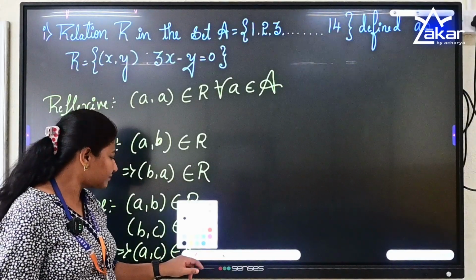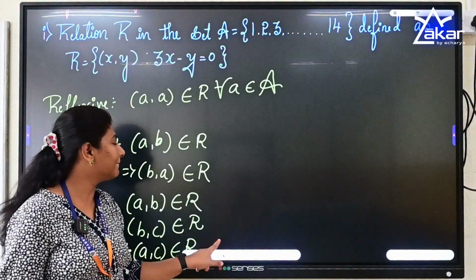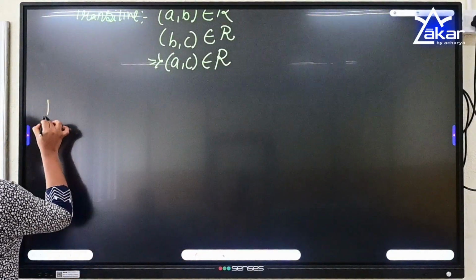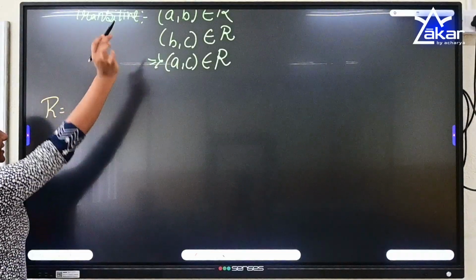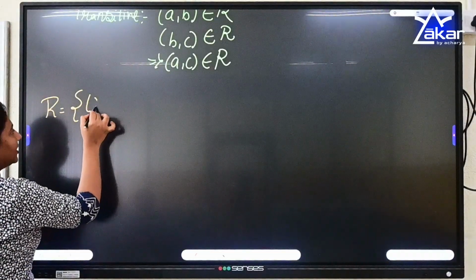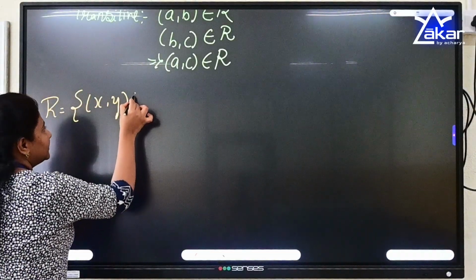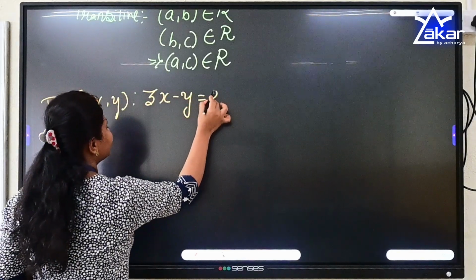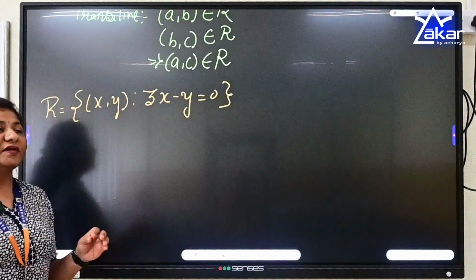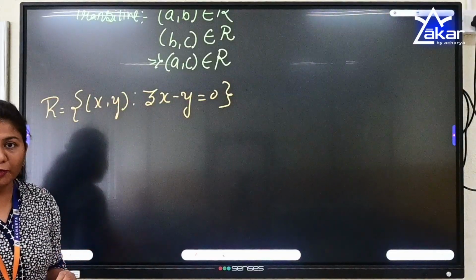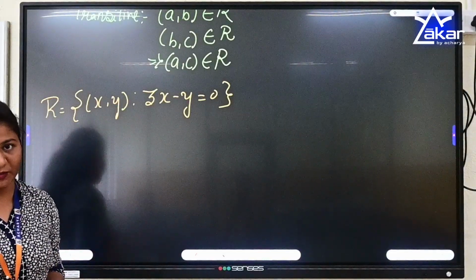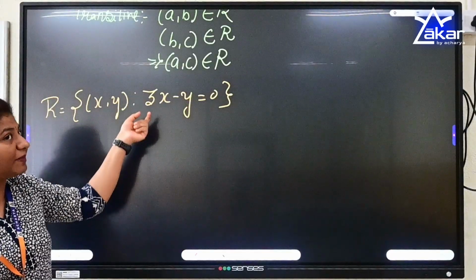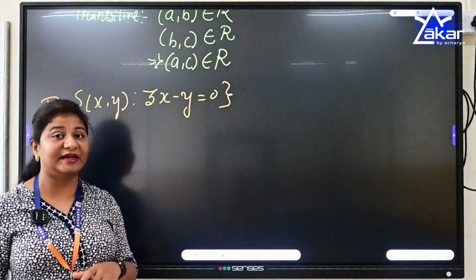The elements of R: R equals (x, y) such that 3x minus y equals 0. When you apply the input, you will get the output values. Here, 3x minus y, you can apply for the x values, and what about the y values?